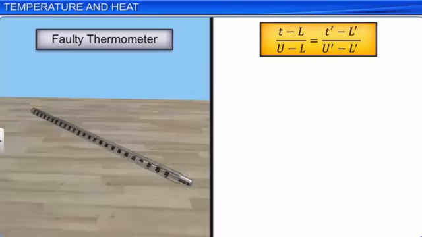The same relation can be extended to find the corrected temperature shown by a thermometer which is calibrated incorrectly.